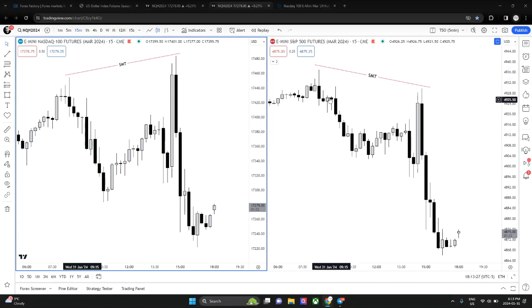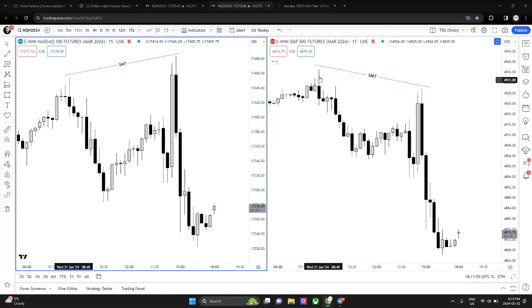And right here we had a 1 hour fair value gap. You can't see it right now, but on your charts you can see it. We had the 1 hour fair value gap right here, which price traded up into, and then broke lower, creating SMT.